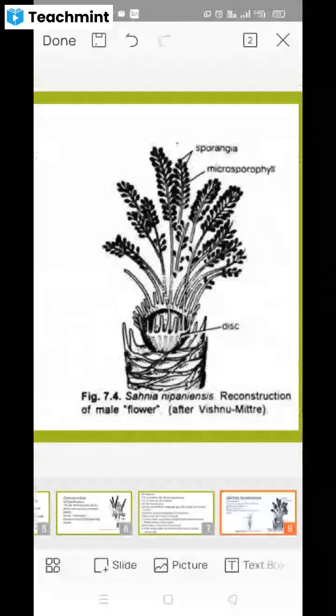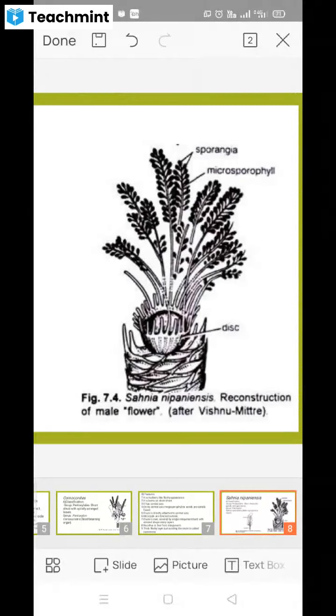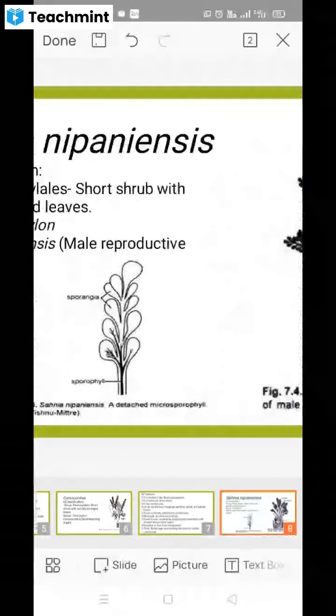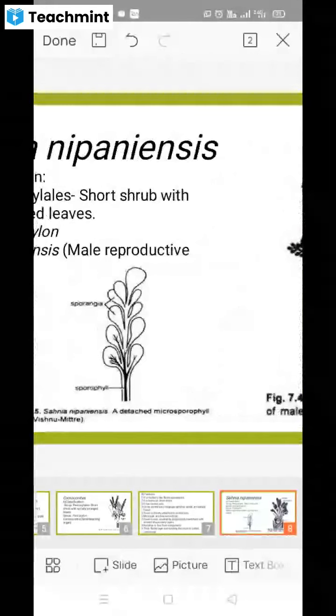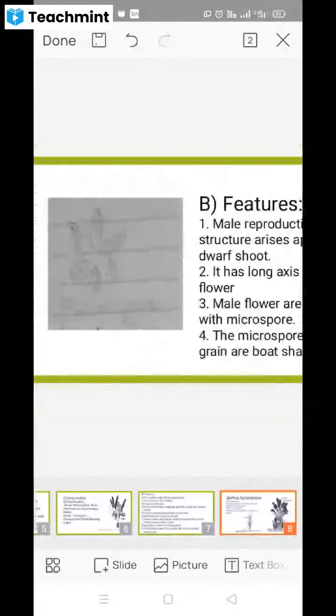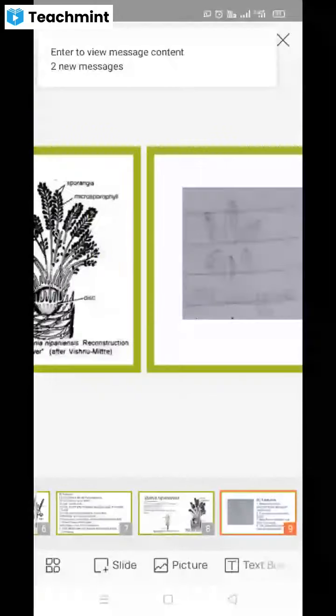These microsporophylls contain the sporangia. Then the single microsporophyll structure is like this: on the sporophyll many sporangia are present.